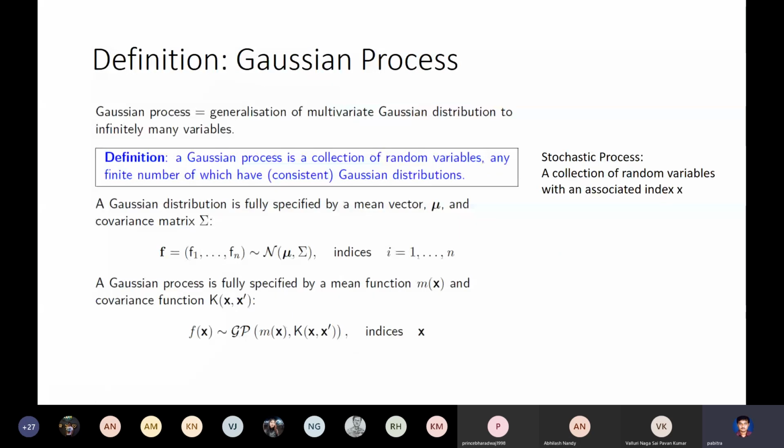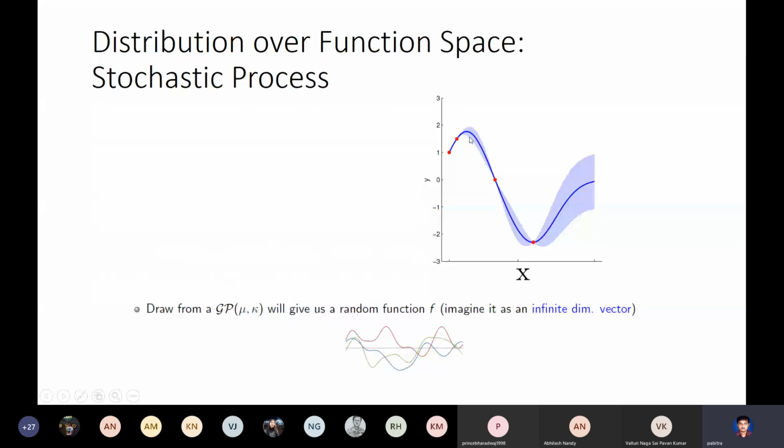Right? So let me clearly tell again. I usually represent a Gaussian process by f. So this entire curve I call f. f1 up to fn are the n points on this bunch of curves.